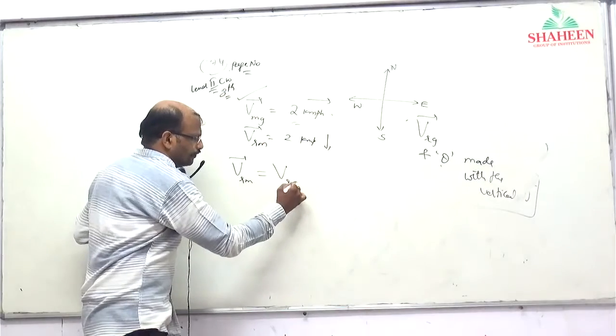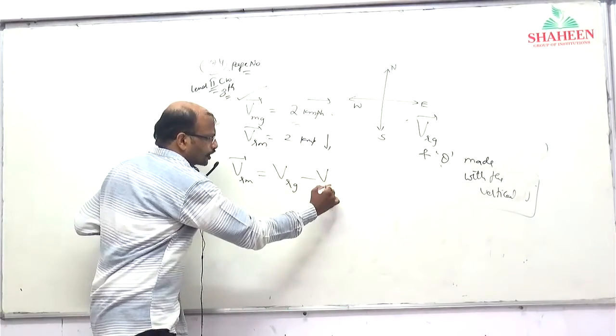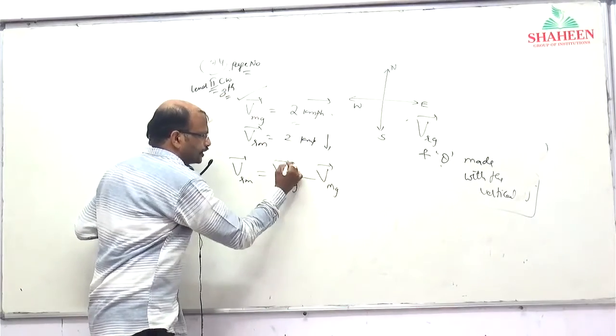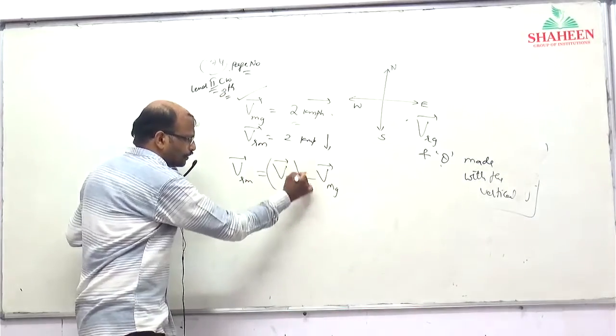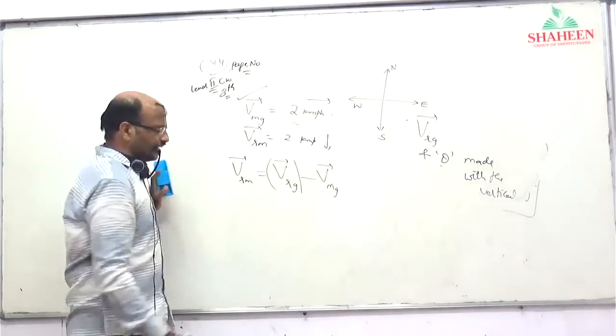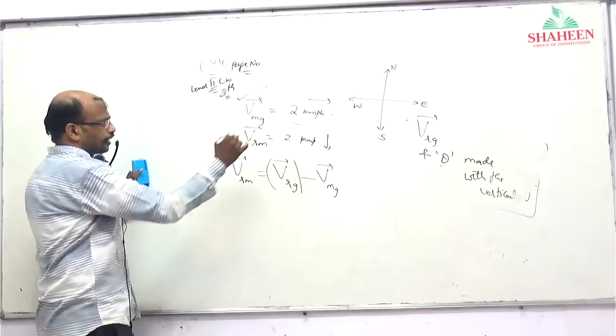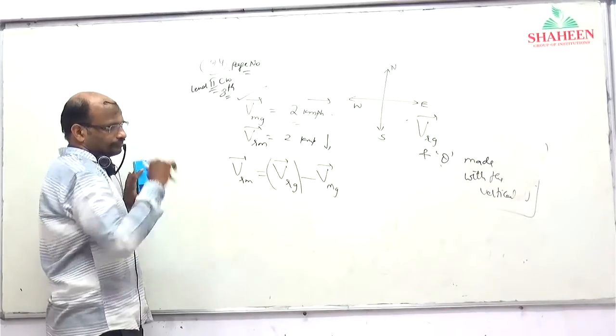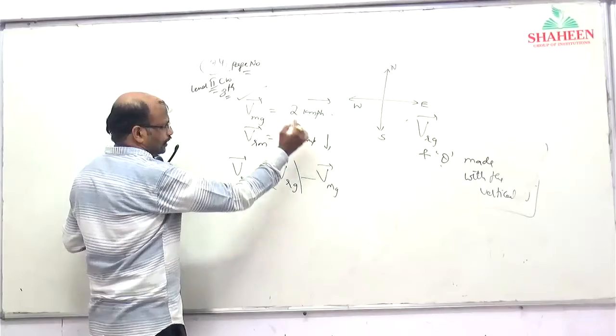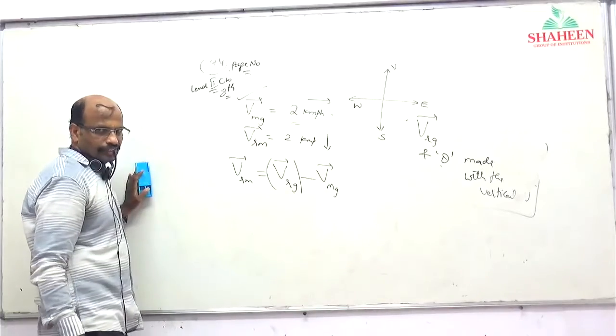Velocity of rain with respect to ground minus velocity of man with respect to ground. That's it. From here I can calculate velocity of rain with respect to ground. See, VRM जो दिया गया आपको ये दिया गया 2 in downward direction, and VM is given in eastward direction. Is it clear?